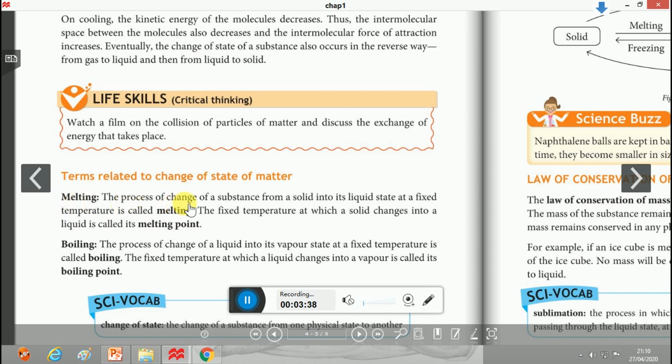Melting: the process of change of a substance from solid into the liquid state at a fixed temperature is called melting, and the fixed temperature is known as melting point. Boiling: the process of change of liquid into its vapor state at a fixed temperature. This 'at a fixed temperature' is your keyword, and this fixed temperature is known as boiling point.